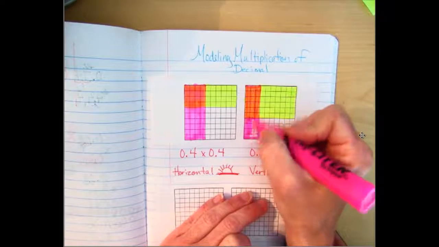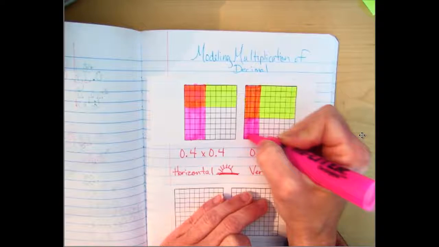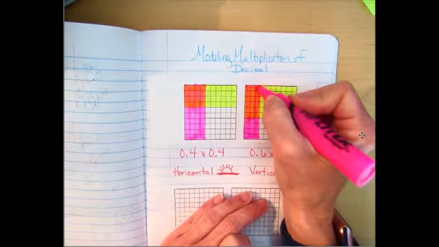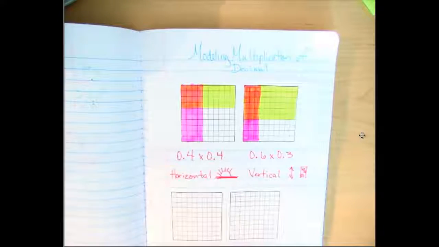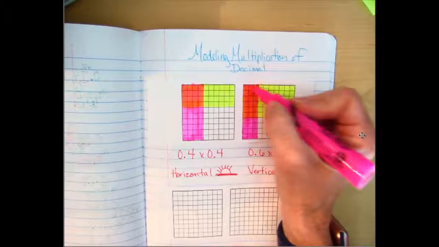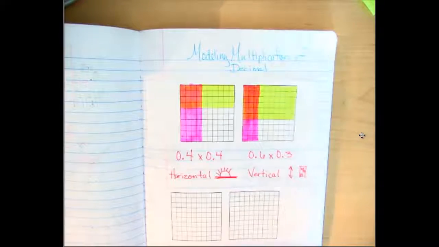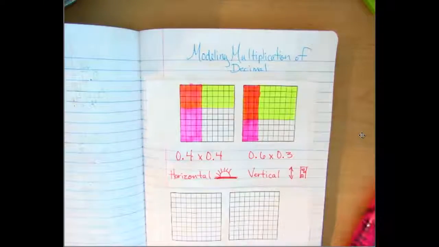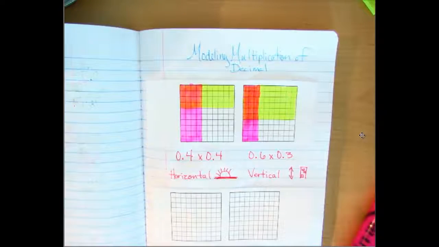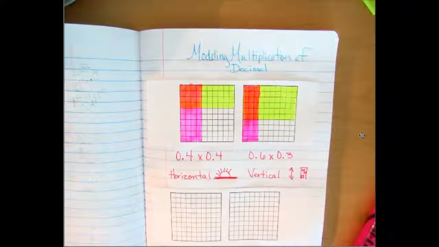It's going to show me the answer to my problem. So after you do that, how many boxes are double shaded in the corner? How many boxes did you double shade in the corner, Lily? 18. What's the answer to my problem, Eva? 18/100. So you guys see it?